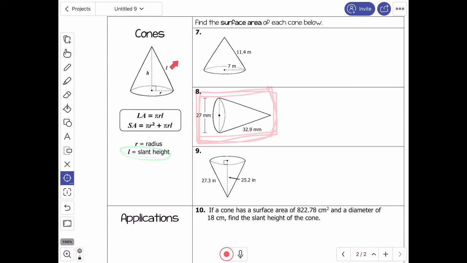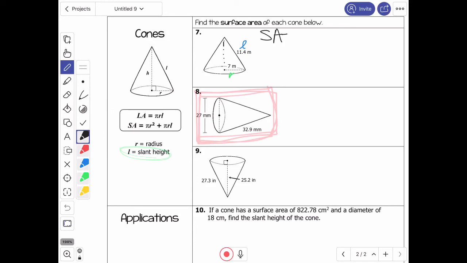So looking at number 7, I'm given my radius is 7 meters. Let me type that out. So radius is 7. And then my slant height is 11.4. And then I do not actually need my actual height. So something that you don't need is this right now, because I just need my radius and slant height for this surface area formula.